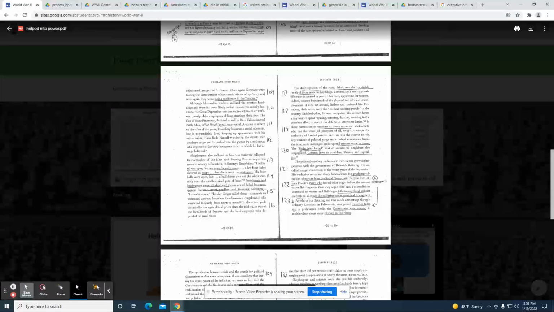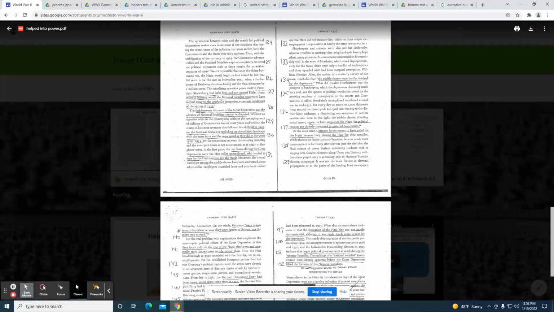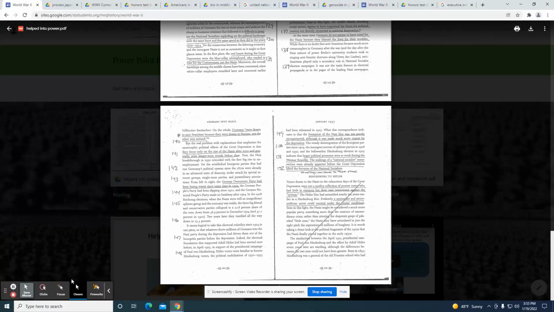The question here is whether or not Germans were drawn to anti-Semitism. We already know that Germany targets the Jewish people, anti-Semitism, hatred toward the Jewish people. So were the Germans drawn to anti-Semitism because they were drawn to Nazis, or was it the other way around?